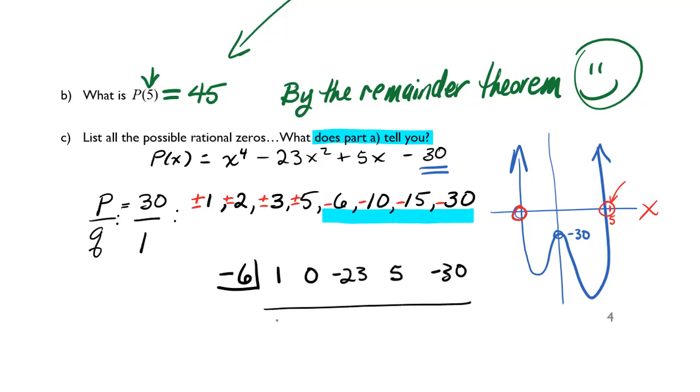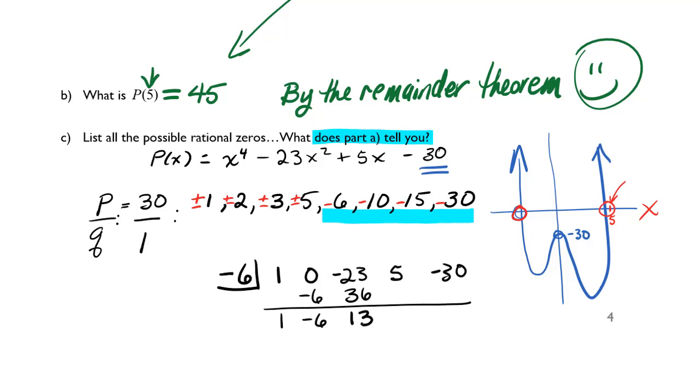So if I drop 1 down, I have negative 6. 0 plus negative 6 is negative 6. Negative 6 times negative 6 is positive 36. Negative 23 plus 36 is 13.